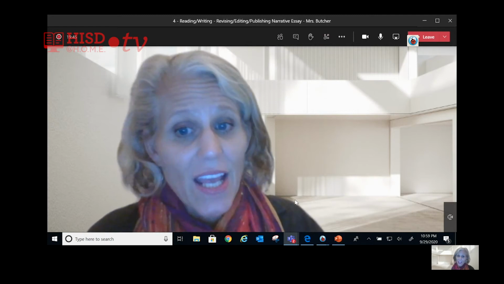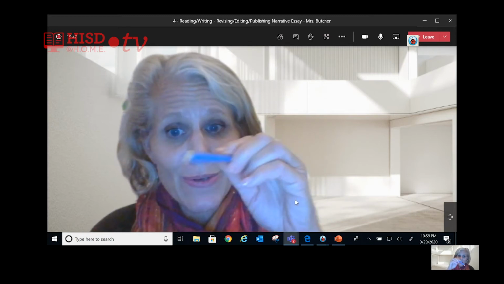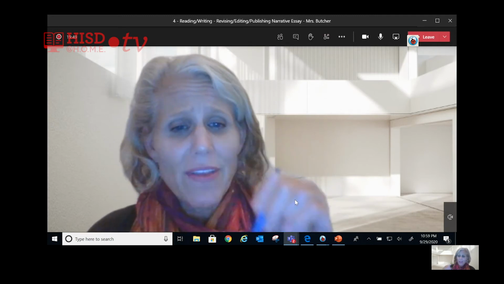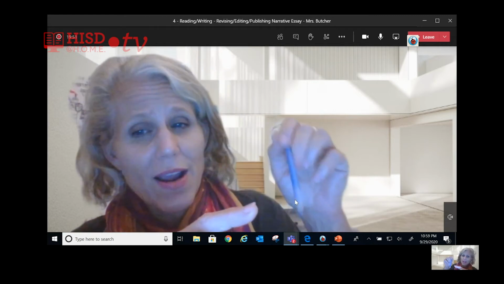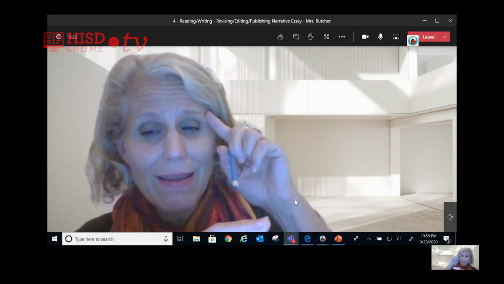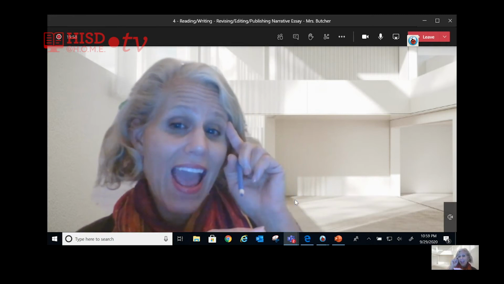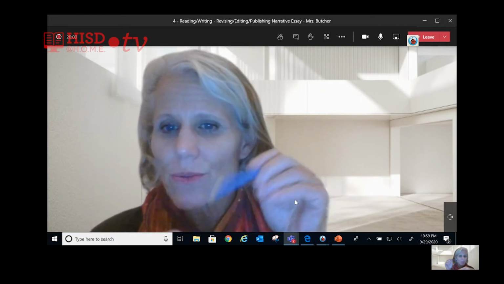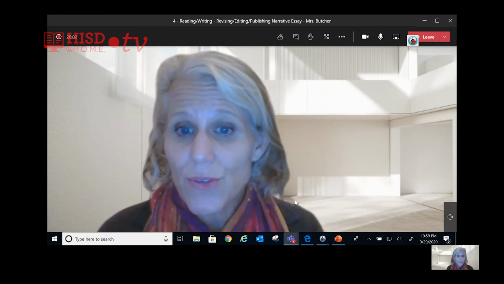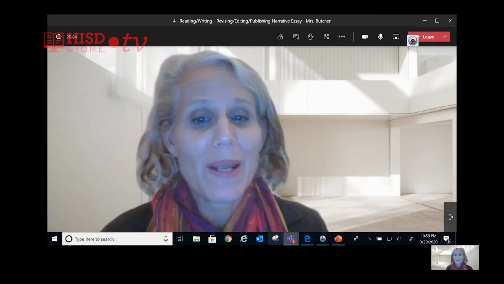Or once again, use your arrows like I was doing, your arrow with another color and then going onto another piece of paper and writing out your ideas there so you can think about it. Is this a good place to insert this or something to add, or is it something I should delete? Does it really work with the flow of the story with my beginning, middle, and end?